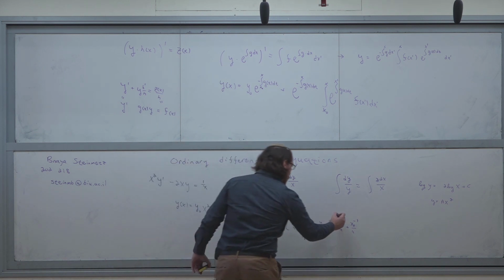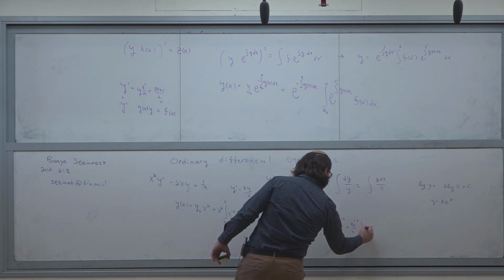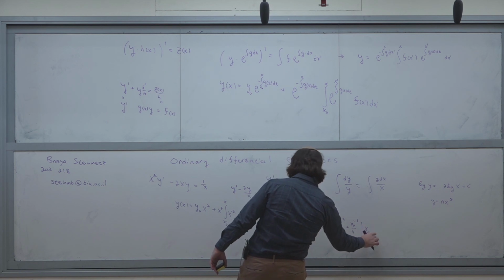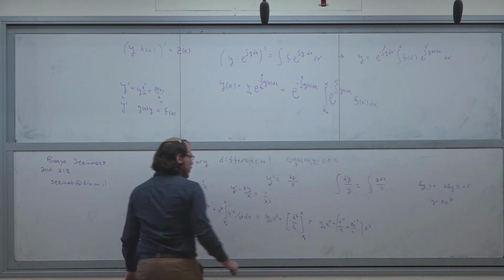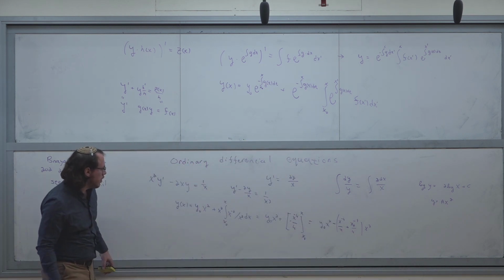So all this is multiplied by x0 by x squared from here, but why? Okay.